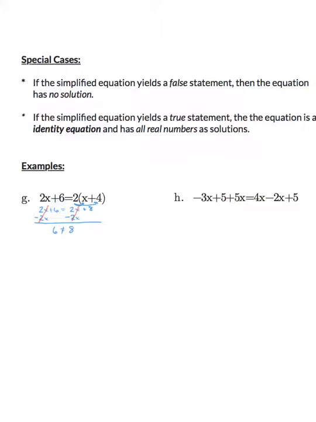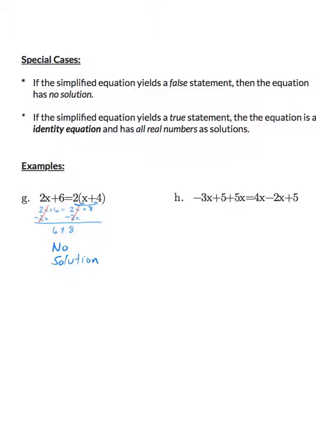Note that we are not checking a statement, we are actually solving. And so if you get a false statement while solving, then your solution is no solution. There is not a single number out there that will make this work. So that's the first special case that we have.